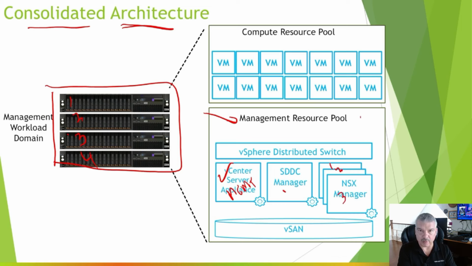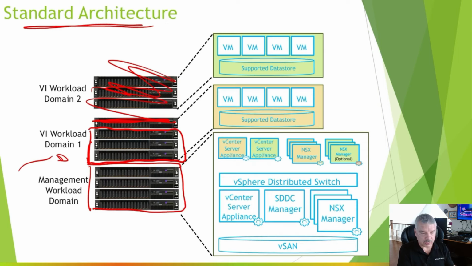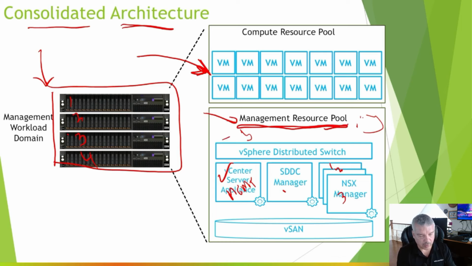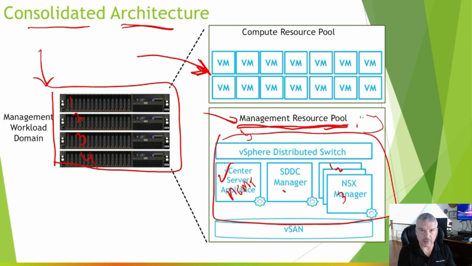I'm not showing you Aria, but again, optionally Aria could be in here as well. It's got a distributed switch. What's different between this picture and these other ones I showed you is we're now going to have workloads running on our management domain. So technically I can do this with a minimum of 4 servers. What this does is create a management resource pool, and that's where all the management stuff runs.